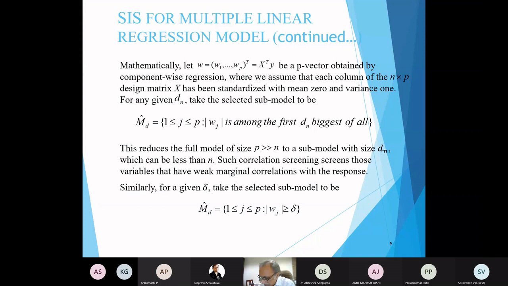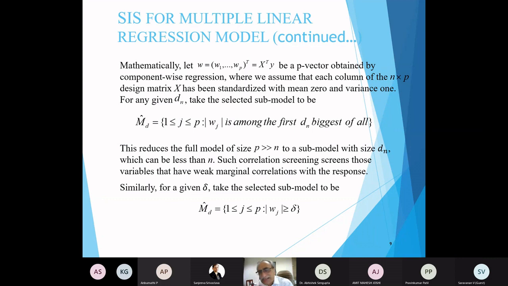Now these 19,200 estimated values of betas, you try to screen out those which are statistically insignificant. Identify the betas which are statistically significant, and the corresponding independent variables are retained in the model. The rest are discarded from the model.